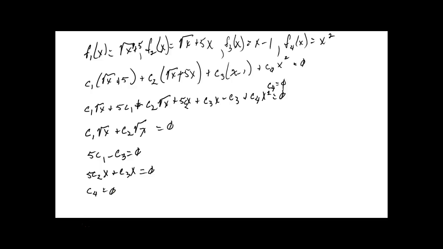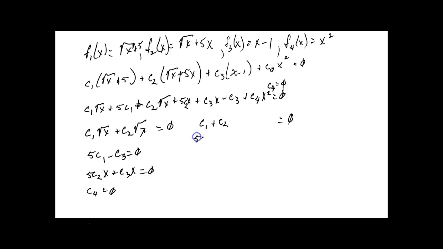Now, all right. Basically, factor out the square root of x. And this says that C1 plus C2 is equal to 0.